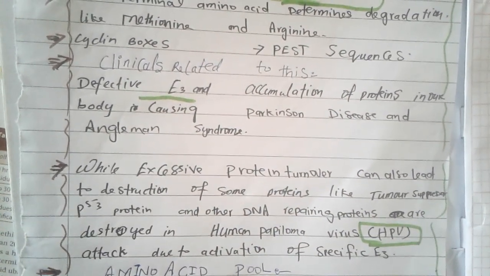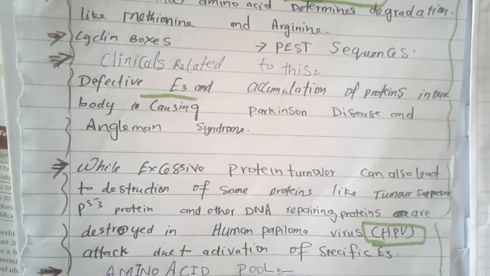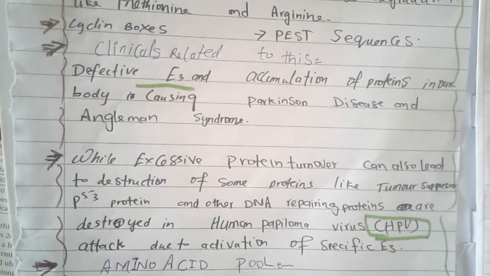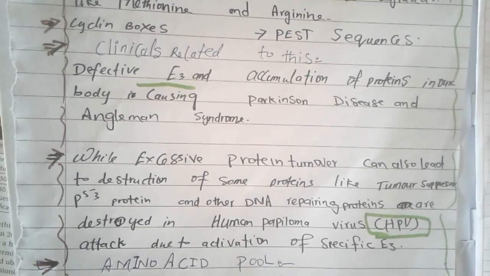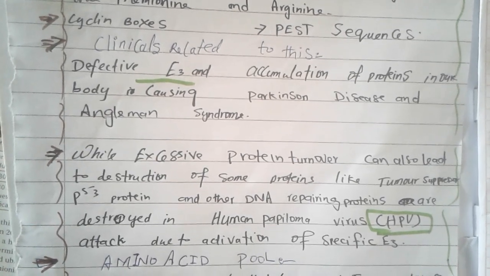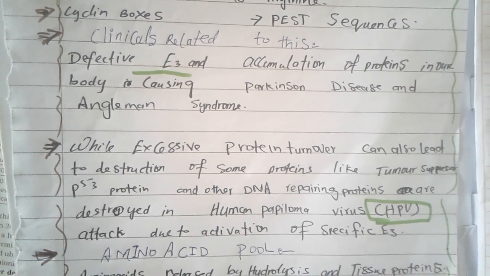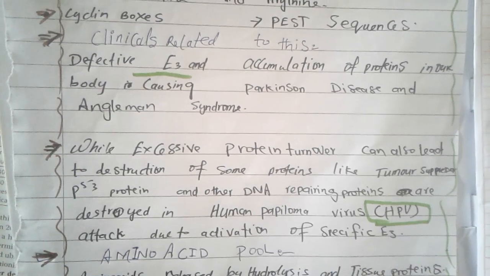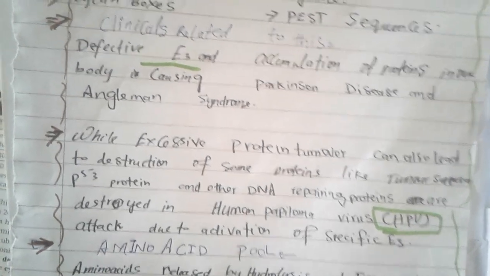The P53 protein and other DNA repairing proteins are destroyed in human papilloma virus infection due to a defective E3. So it can lead to cancer, for example cervical carcinoma, which is specifically caused by this defect in our body.